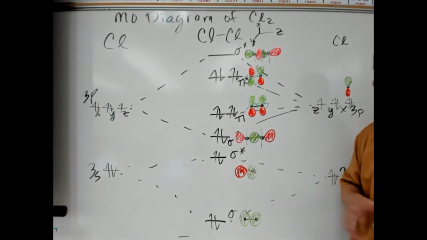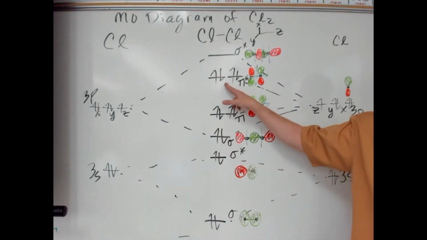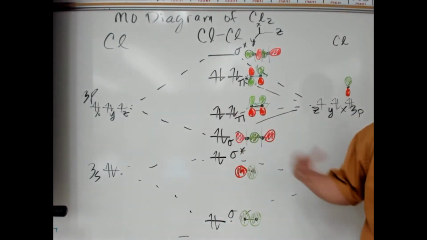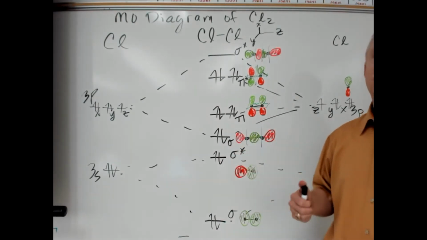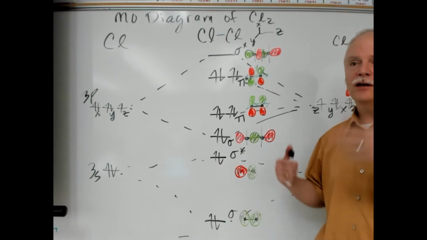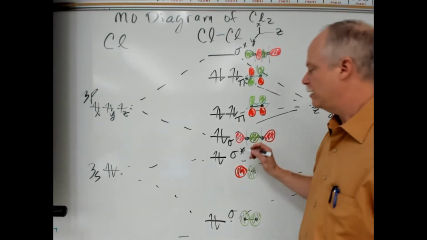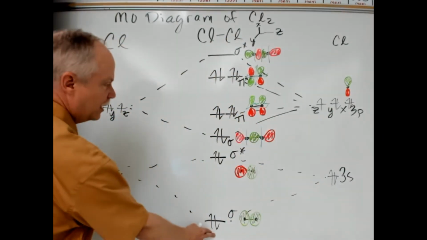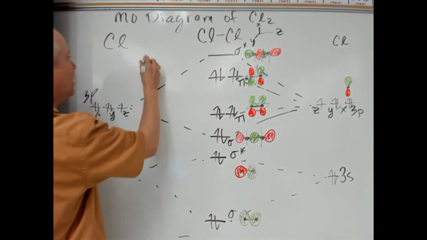Not all of them are bonding. We have some antibonding electrons here and some antibonding electrons there. So we can add up the bonding electrons and subtract the antibonding electrons, and since it takes 2 electrons per bond, we divide by 2 to figure out how many bonds we have. So let's count those up. I have 2 down here, 4, 6, 8. So 8 bonding electrons.